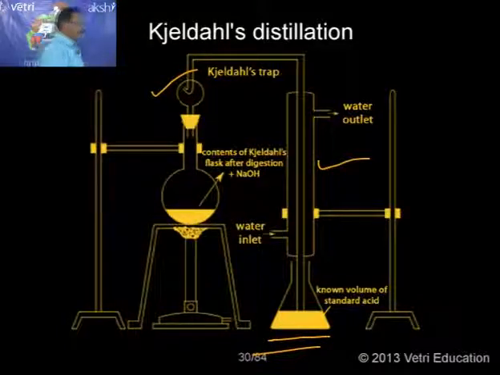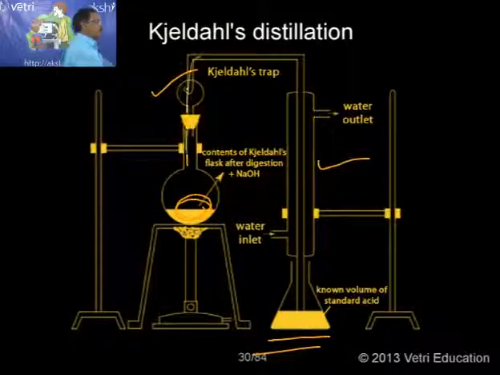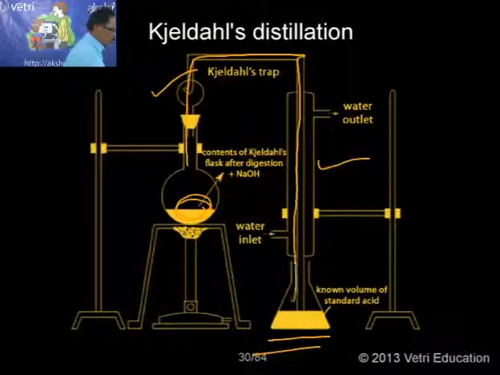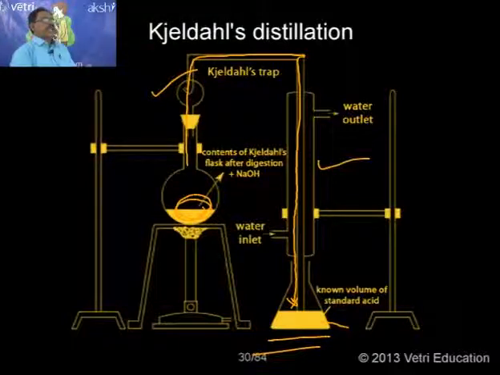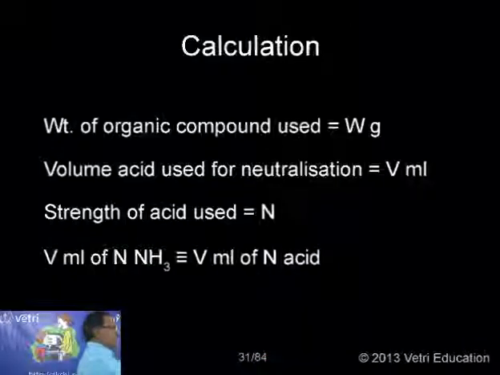When we heat the ammonium sulfate with sodium hydroxide, ammonia gas is liberated and comes into the receiver. Here we are taking a known standard acid, for example 100 ml of 0.1 sulfuric acid. The ammonia will consume some of it. After the entire gas has passed, the remaining unreacted standard acid we back titrate with sodium hydroxide. From this we determine the percentage of nitrogen. Kindly follow the calculation.